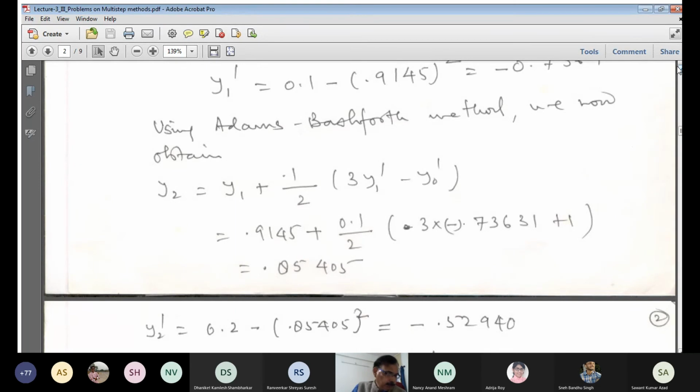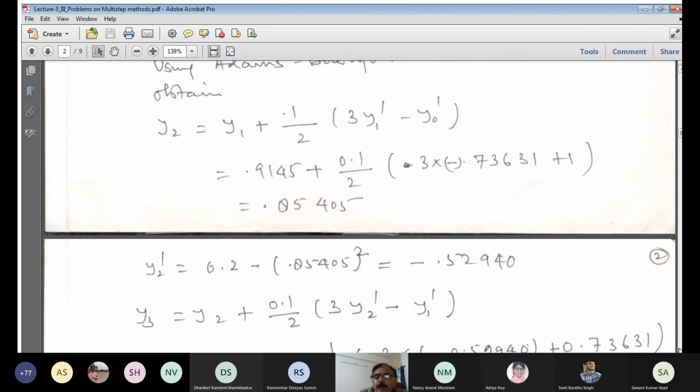And y1 prime also you can find without any trouble, once y prime is given, at the point x1. So all the values on the right hand side you can calculate. y1 is already known from the Runge-Kutta method. So everything is known and you can get your y2. Similarly, you have to get y2 prime also.